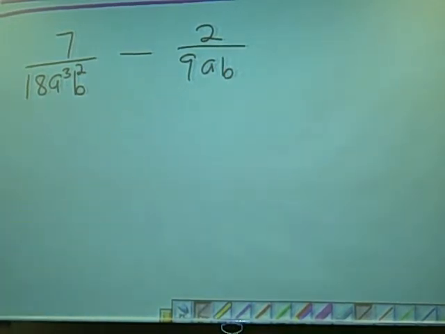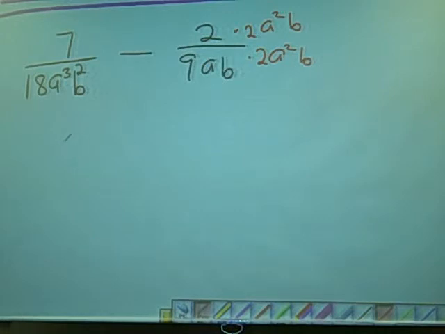Yeah, that's right. You're going to multiply 2 over 2 for the coefficient. And then here you have an a cubed and an a, so you've got to multiply a squared over a squared. And then the b, here you have b, and here you have b squared, so you've got to multiply b over b. All right, good.